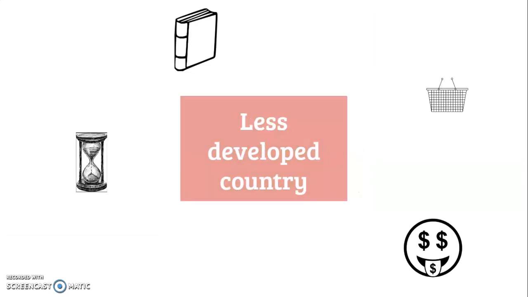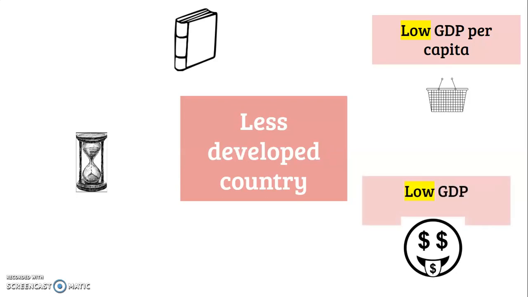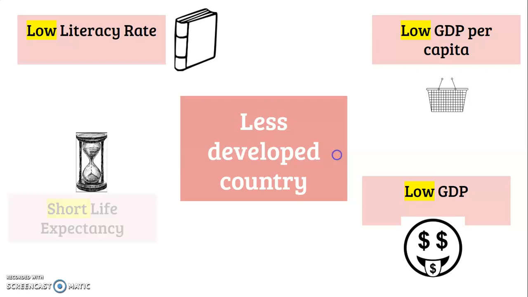Now, in less developed countries, people will be making less money, they're going to have low GDP per capita and low GDP. Their education level will be lower, their literacy rate will be low, and they're also going to have short life expectancy.